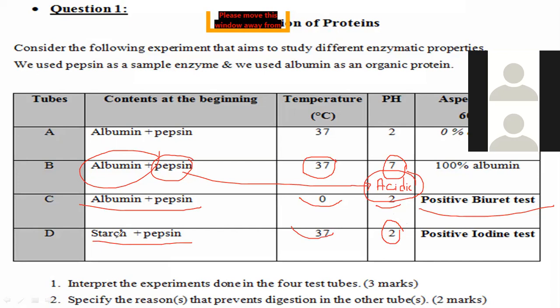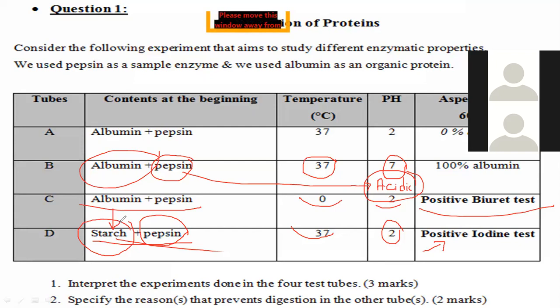So we have positive iodine test, meaning that the starch persists and is not digested. Why is the starch not digested? Because pepsin is the enzyme that works on a protein and not on a starch. So sure, the starch will not be digested in the presence of pepsin.